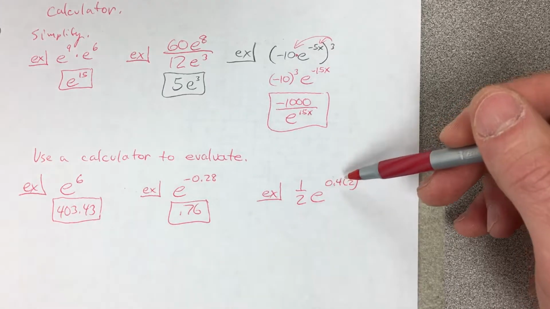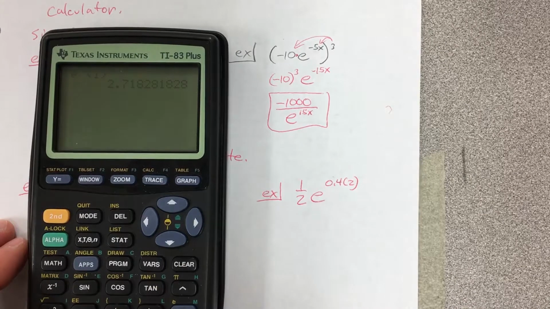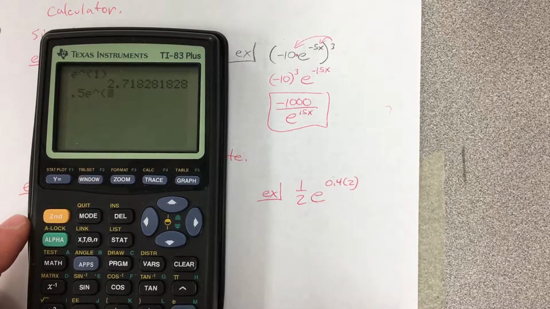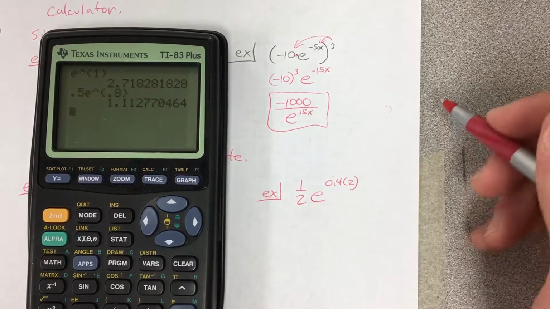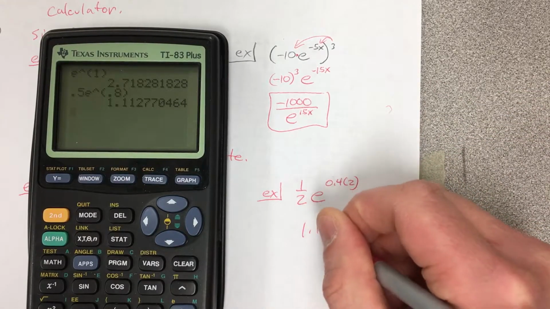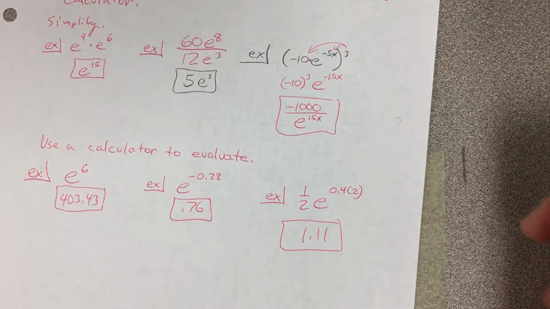So in my calculator, I'm just going to do 1/2, which I'll do as 0.5, and then e, and then it's going to be 0.8. And rounding to the nearest hundredth, I get 1.11. And there you go. Okay, flip it over.